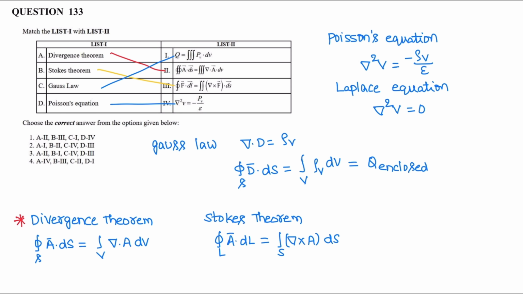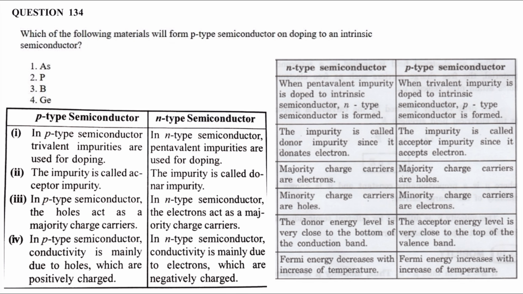Question number 134. Which of the following materials will form p-type semiconductor on doping to an intrinsic semiconductor? This is intrinsic semiconductor or pure semiconductor. The correct answer is boron. Boron is a third A group element.